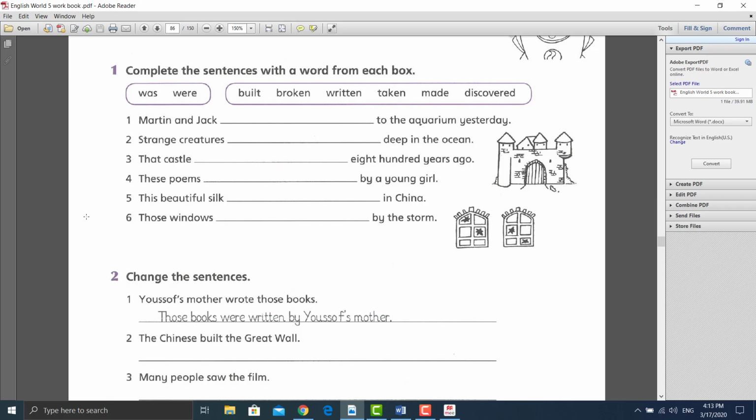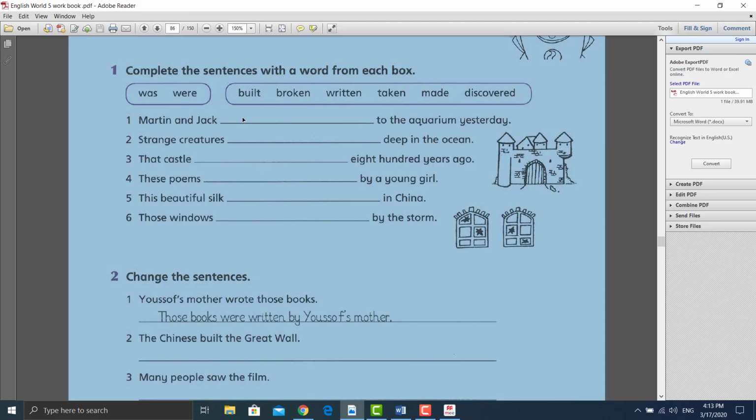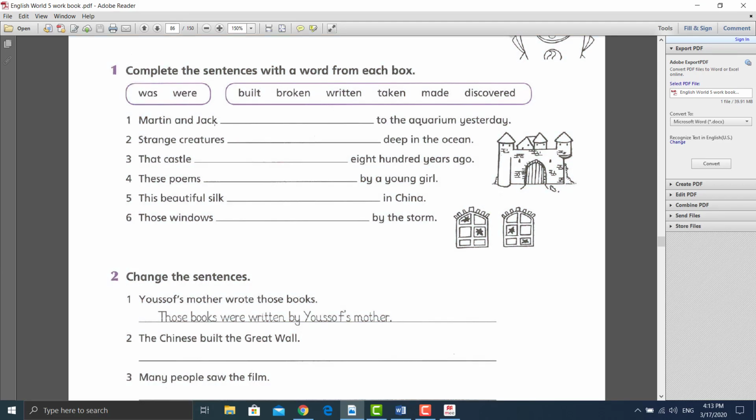Martin and Jack were taken to the aquarium yesterday. Yesterday, yes, indicator for the past. So we are going to make past simple passive. Write down, was or were?